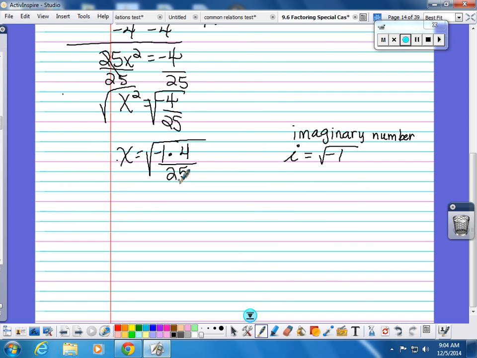What is the square root of 4? 2. What's the square root of negative 1? What's the square root of 25? 5. If I squared a positive number or a negative number, I'd get that. There's my 2 solutions to the quadratic equation. Isn't that cool? Y'all just saw a fraction with an imaginary unit.